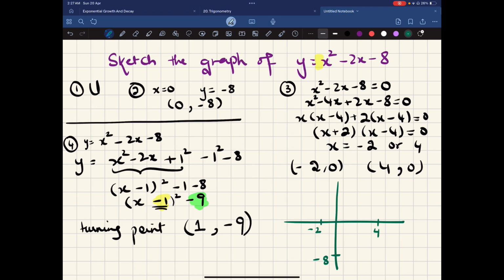And our turning point is 1, negative 9, so it's going to be here somewhere. Now let's plot our graph. So it's going to be something like this.